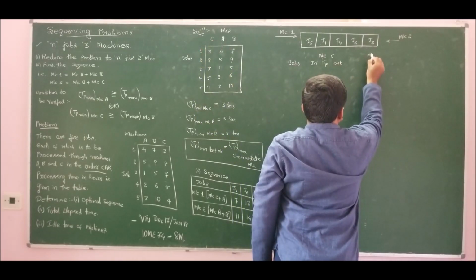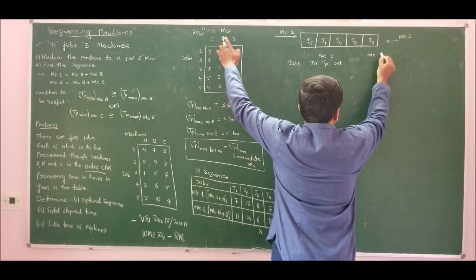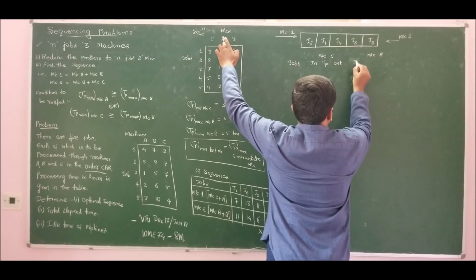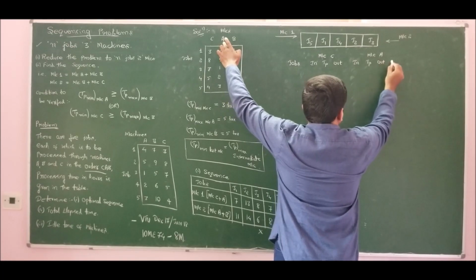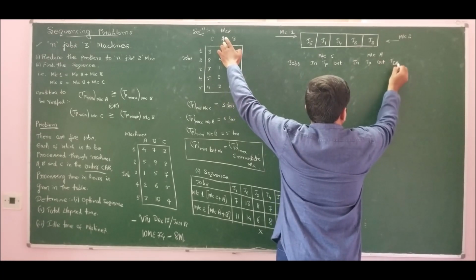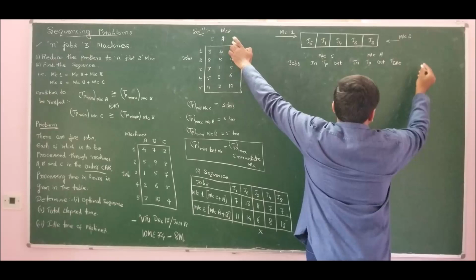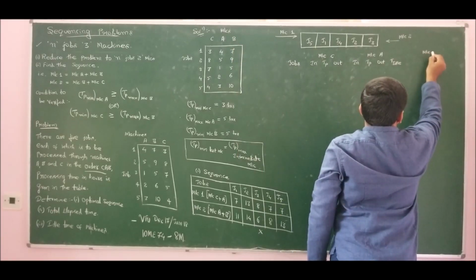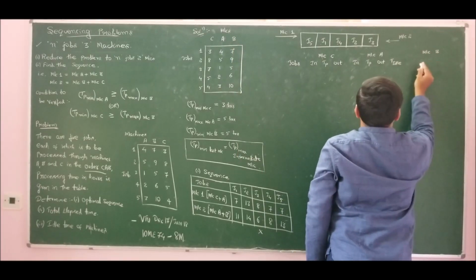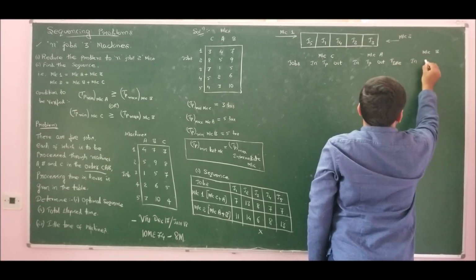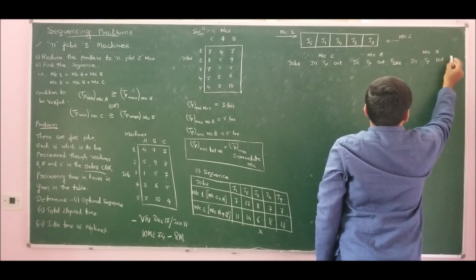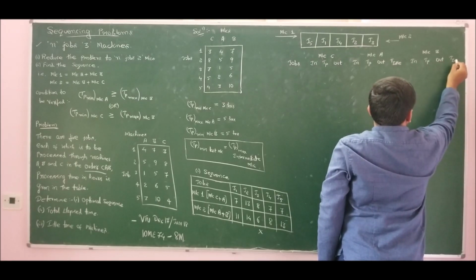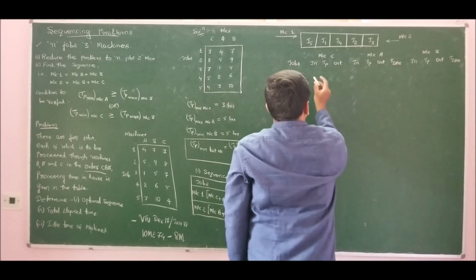Next we have machine A. For machine A I should find in, processing time, out and idle time. And then we have machine B. For machine B I should find in, processing time, out and idle time.